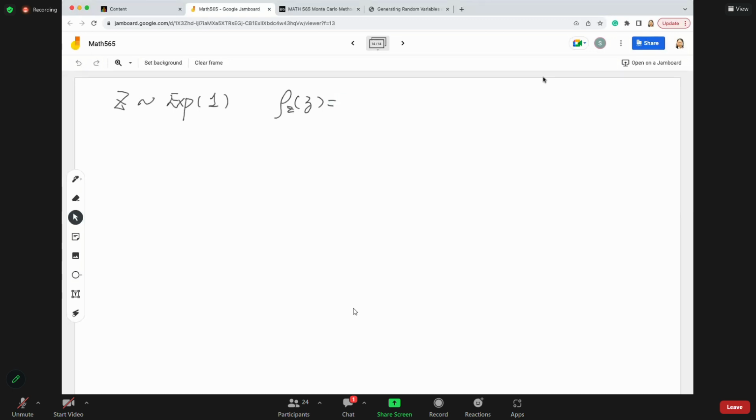It's lambda times e to the negative lambda, so it's e to the minus 1, and x. But this one we do some transformation as we just consider the x absolute value, which means it's on the positive part.